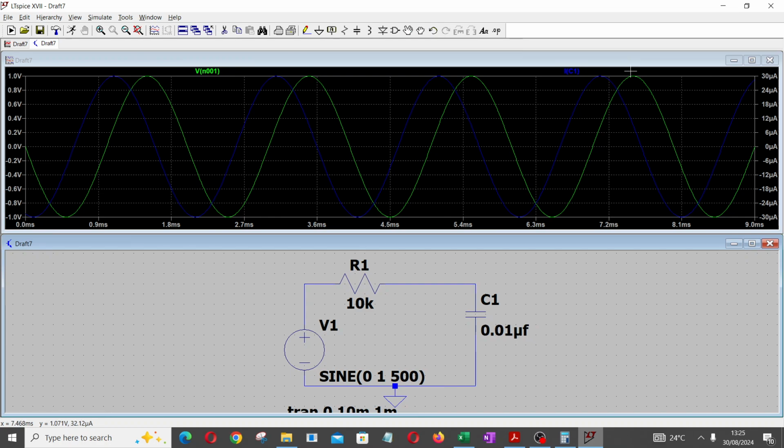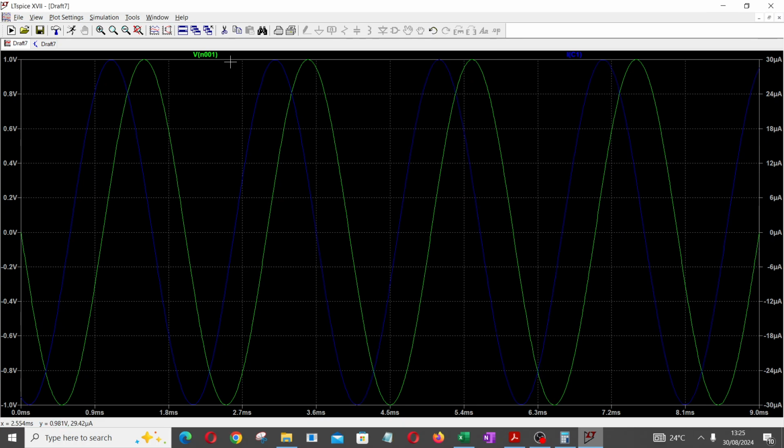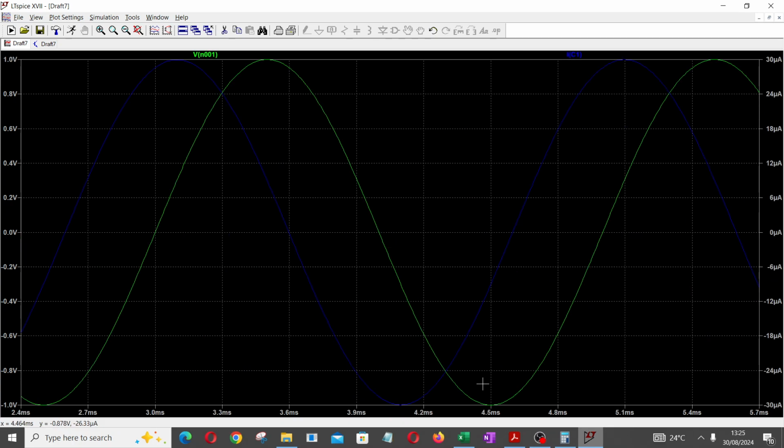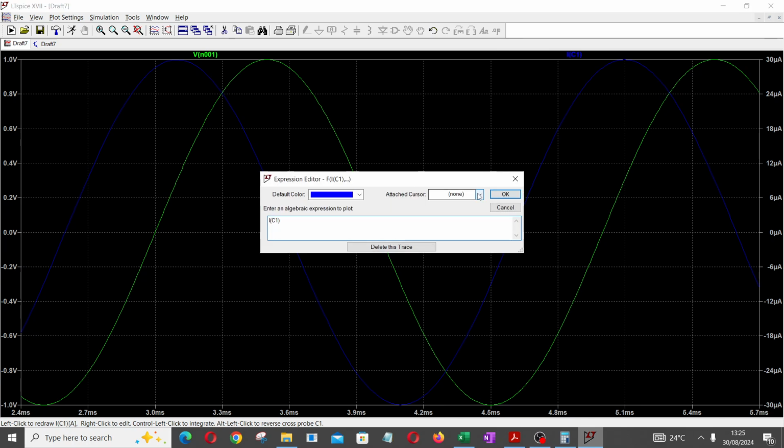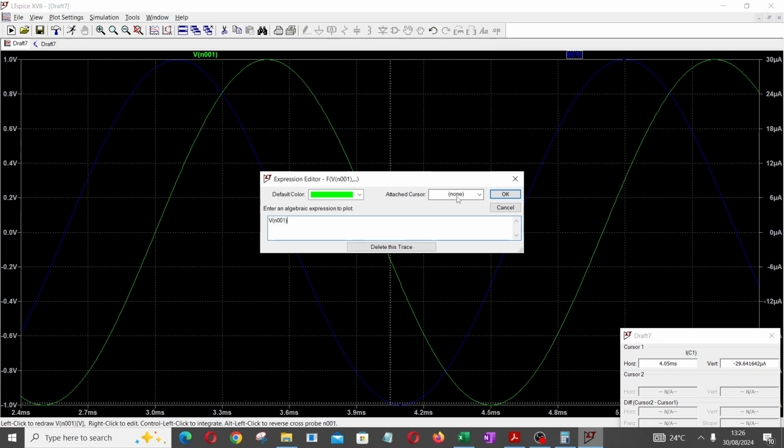Let me maximize the waveform. Let's work with just one complete cycle. I want the blue to be my first cursor, cursor 1, then the green to be my second cursor, cursor 2.